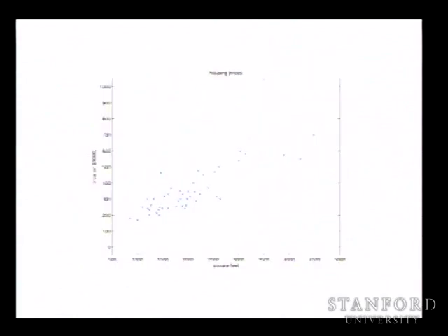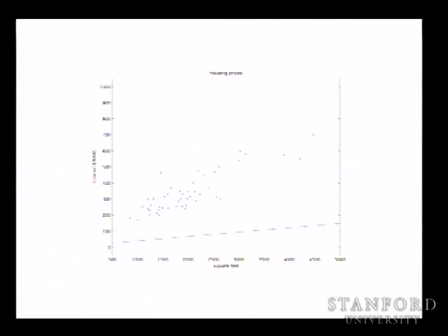And here's a plot of the housing prices data. Let's say you initialize the parameters to the vector of all zeros. This blue line at the bottom shows the hypothesis with the parameters at initialization. Initially theta 0 and theta 1 are both 0, so your hypothesis predicts that all prices are equal to 0.